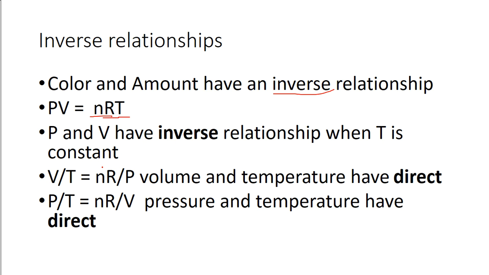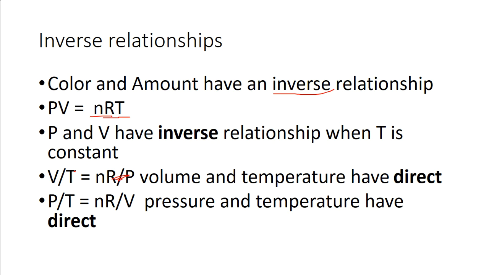Likewise, when pressure is constant, R over P is a constant. So volume over temperature equals that constant. If volume goes up to equal this number that's still the same, the T has to go up too. So if this is 2 over 1 and we want to equal 4, then if we raise the V to 4, we have to raise the T to 2 to still equal, I messed that up.